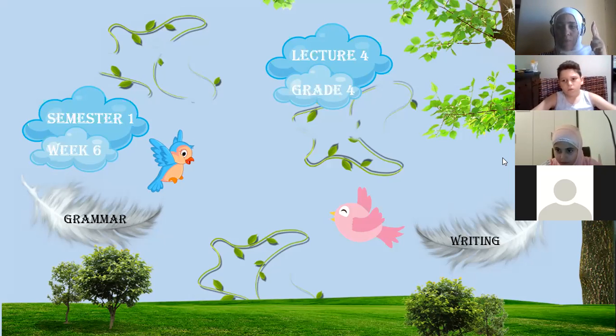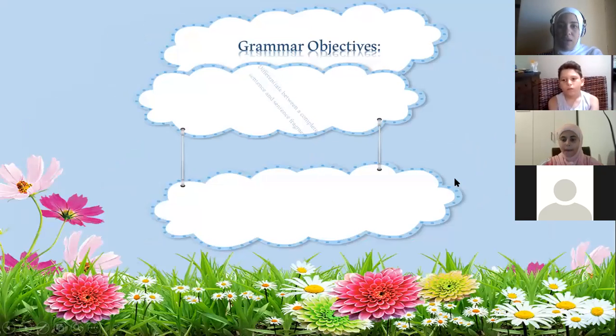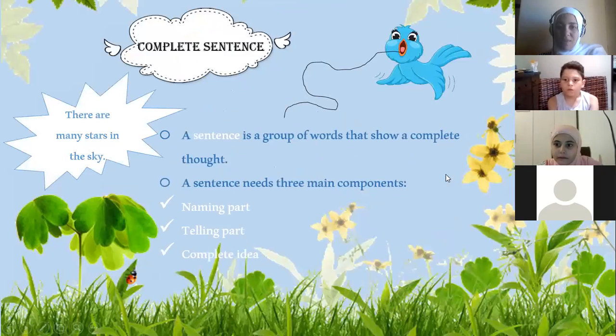Complete idea or complete thought. So these are the three main components to say that we have a complete sentence. I must have a naming part, a telling part, and a complete idea.